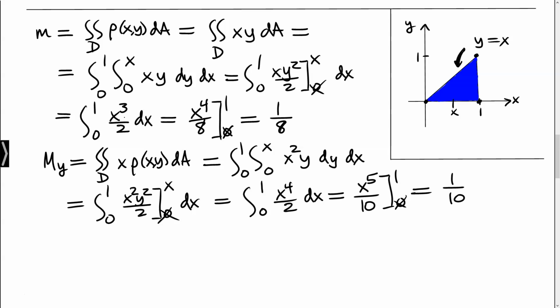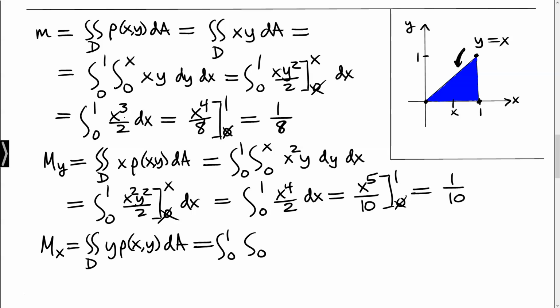Okay, so 1/10 is the moment about the y-axis. Let's do the moment about the x-axis. And 0 to 1, 0 to x. But now it's y times xy, so xy squared dy dx. So let's see, 0 to 1, xy cubed over 3 from 0 to x.